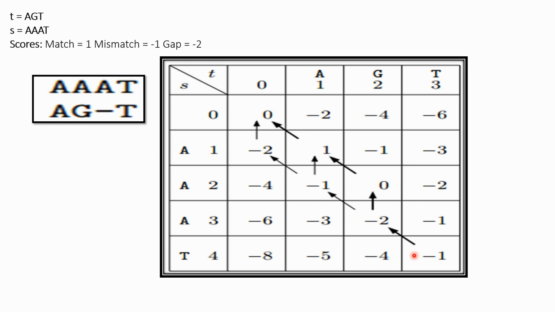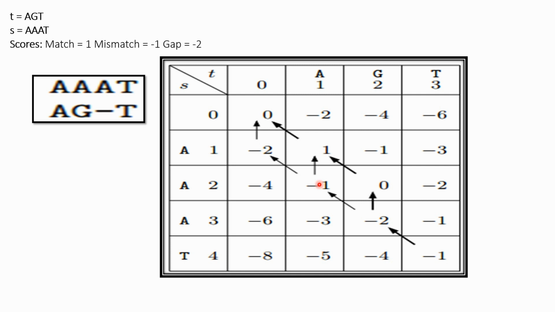Now in the next path, we move here, so we align T and T. The value is coming from the diagonal. If the value is coming from the diagonal, we align those two residues or two nucleotide bases.